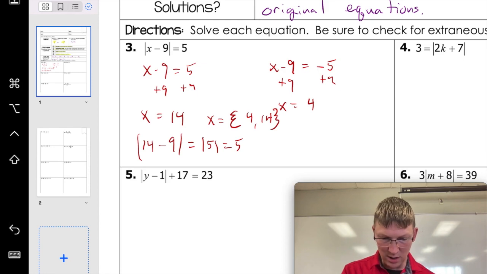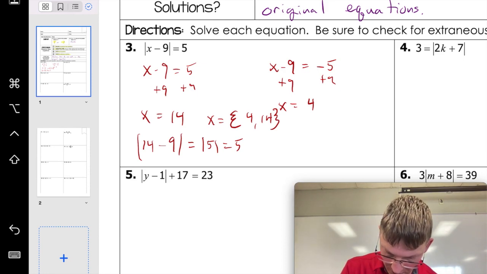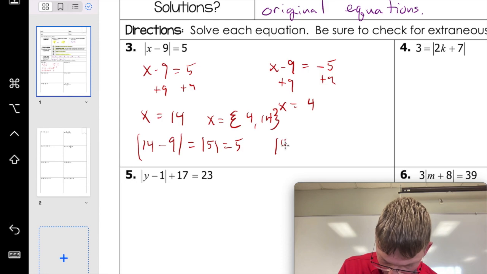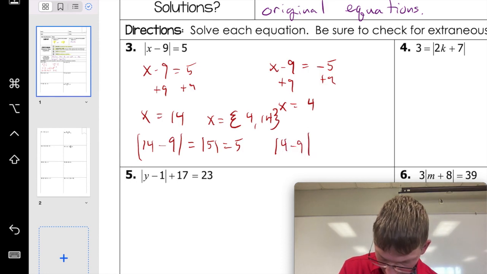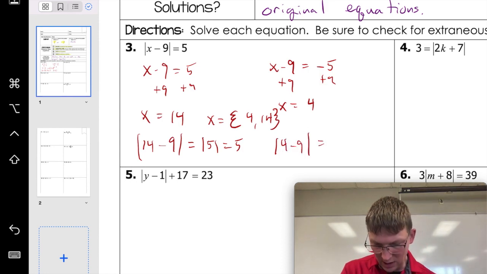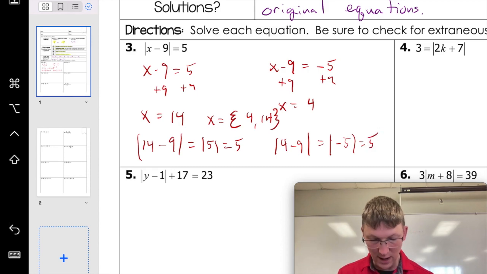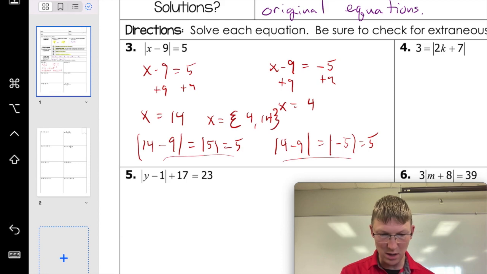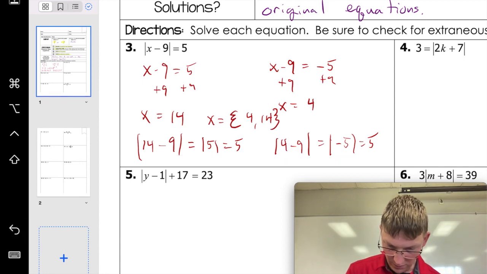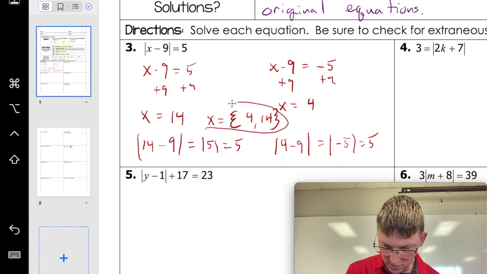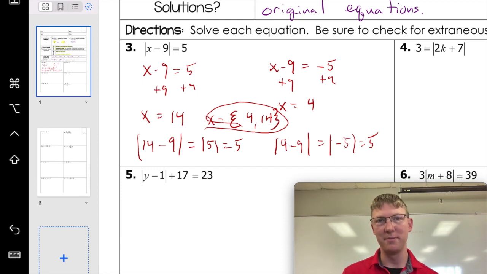Then our other one, 4: the absolute value of 4 minus 9 is the absolute value of negative 5, which equals 5. So we're good. As long as these aren't undefined or no solutions, you're good to go. We circle our answer. Done.